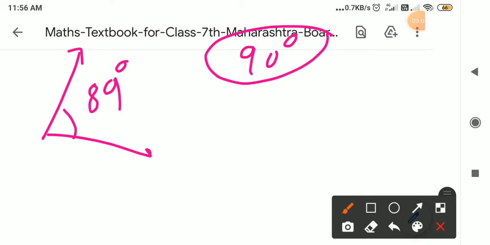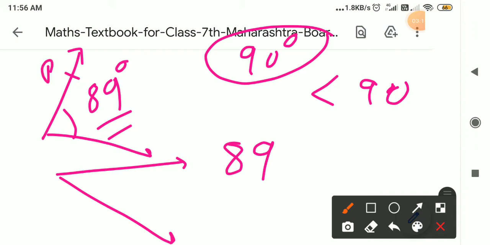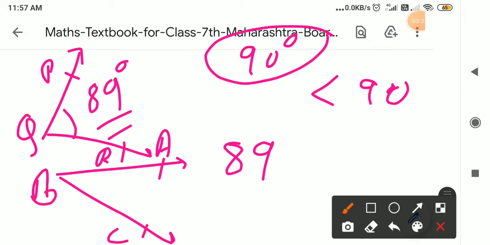Acute angle means whose measure is less than 90. So the biggest acute angle I have taken here is 89. One more, according to the definition I told you, if the sum of measures of two angles is 180, then these angles are called supplementary angles. So I have taken one angle 89 and one more angle I will take, it is also 89.